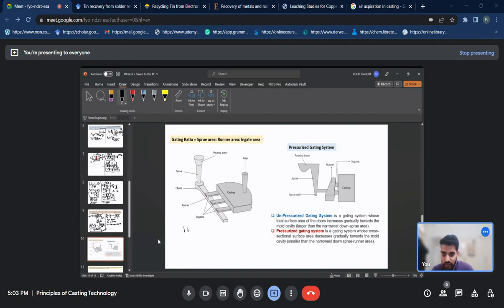For example, if I write the gating ratio as 1 is to 0.75 is to 2.5, can anyone tell me whether it is a pressurized gating system or an unpressurized gating system?